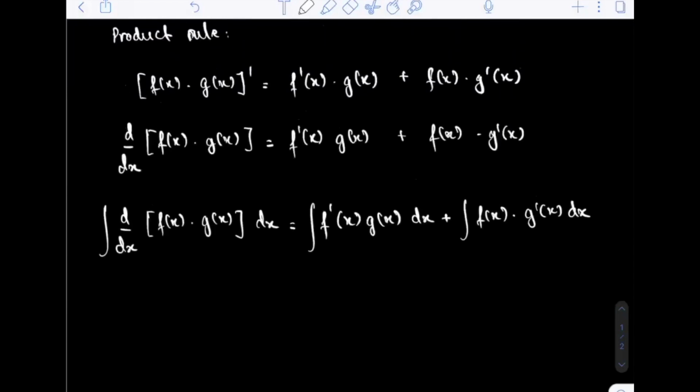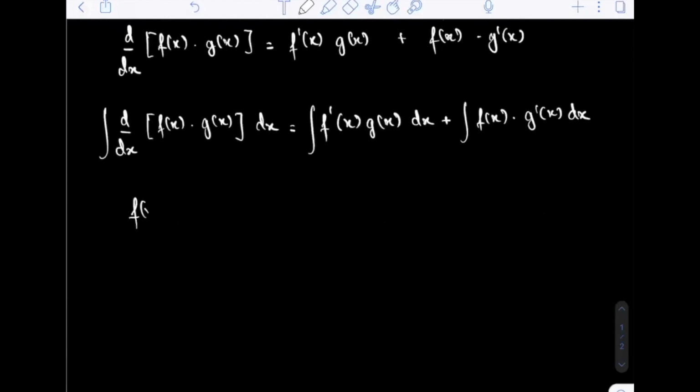On the left hand side, you use the fundamental theorem of calculus part 1, and you get just f of x times g of x. The right hand side remains the same.